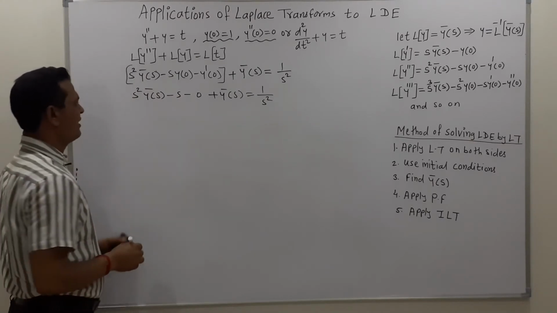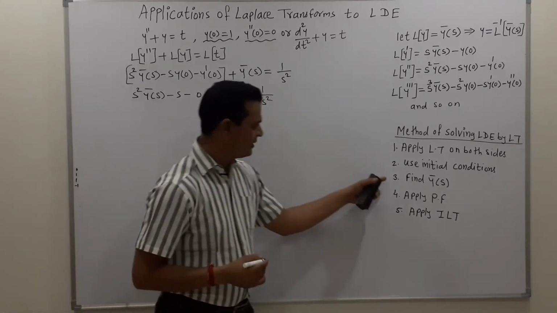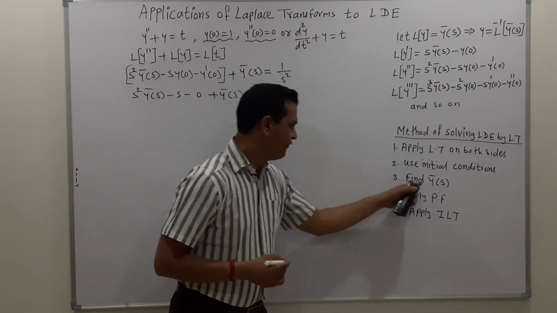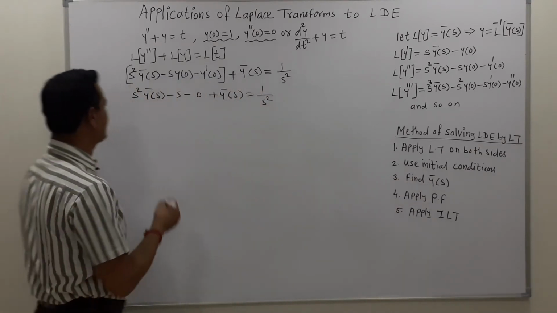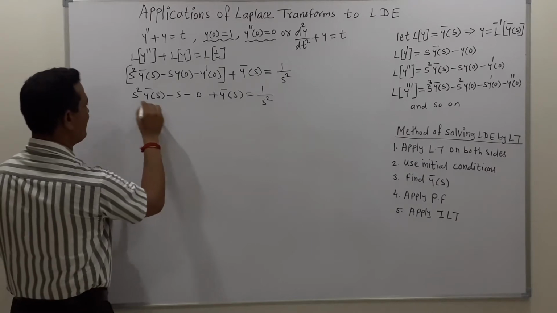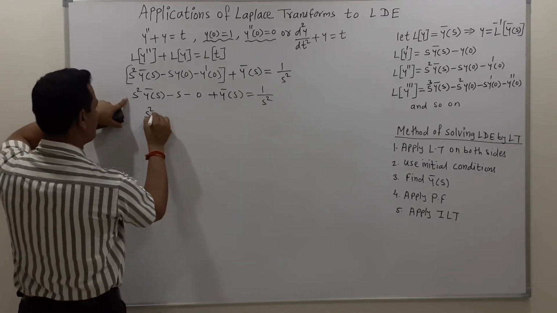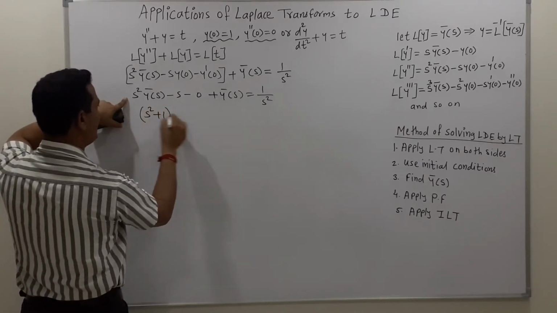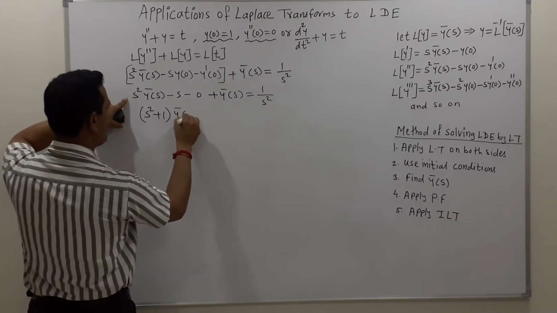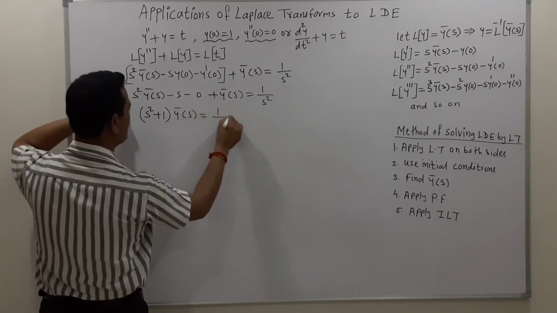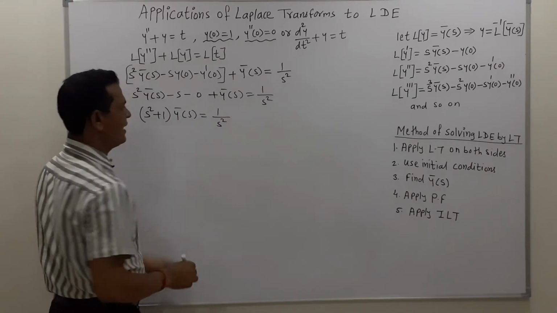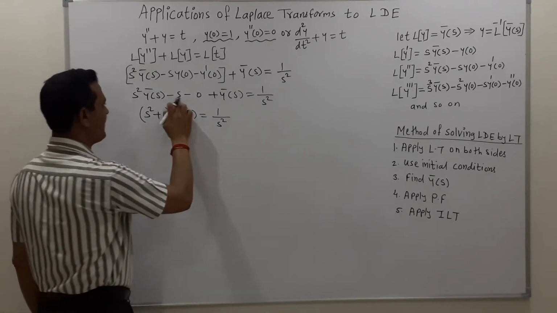Now friends, rearrange this equation in such a way that we will find the value of y bar of s. So now collect the coefficient of y bar of s, which is s square plus 1 into y bar of s is equal to 1 upon s square. This is minus s.